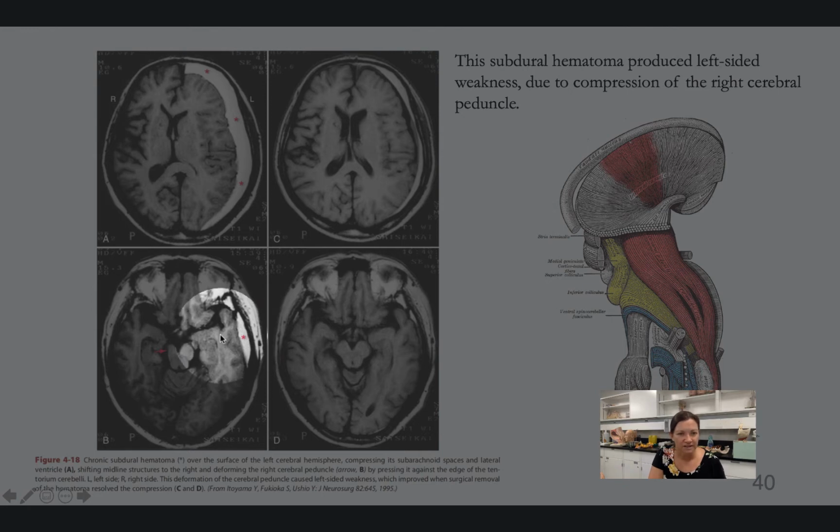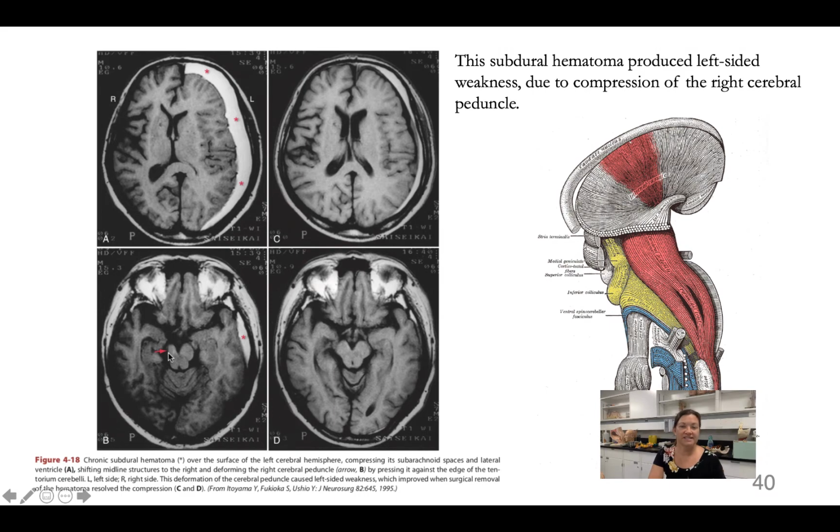And so here you can see that the brain's rightward displacement is also producing transtentorial compression. And the transtentorial herniation is squishing the right cerebral peduncle against the tentorial notch. And so this is actually producing left-sided weakness.